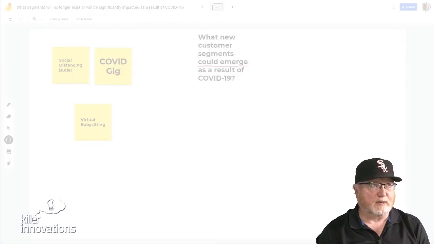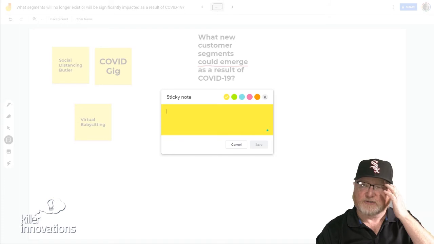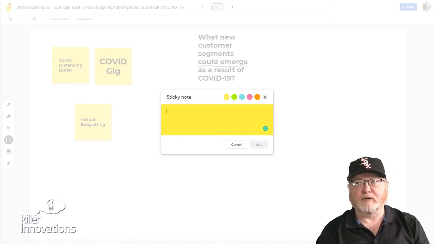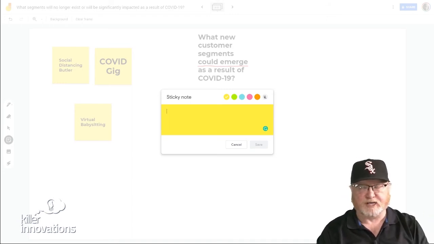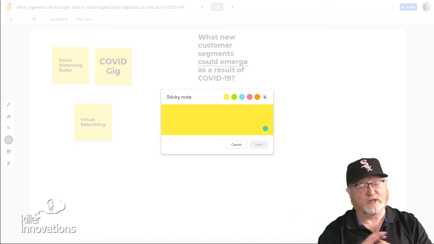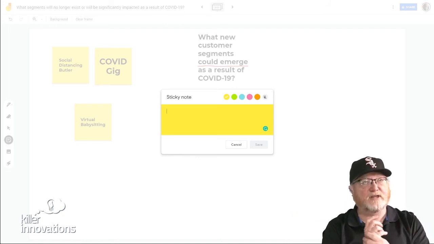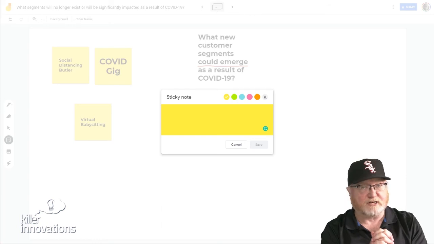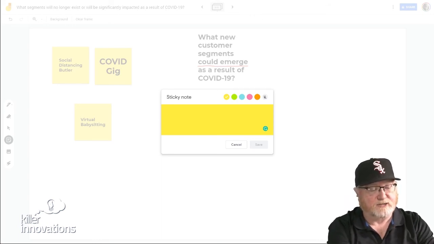One that I was thinking about, and this is also tied into the fact that Zoom has been a longtime sponsor of my nationally syndicated talk radio show and the podcast and videos like this. So we're big Zoom users. One of the new ideas that I think are a result of COVID-19 is what I call virtual background creators.